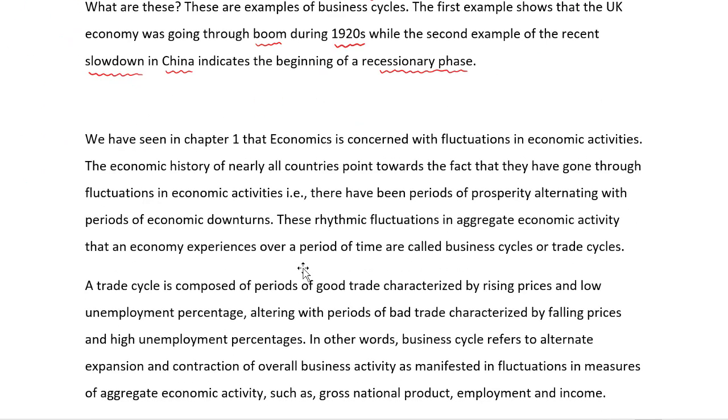We have already seen in chapter 1 that economics is concerned with fluctuations of economic activities. What are economic activities?